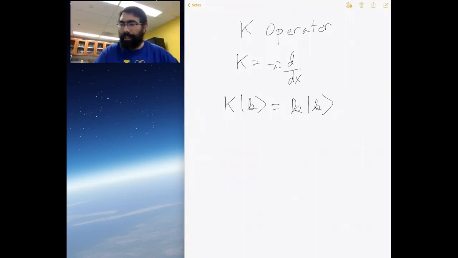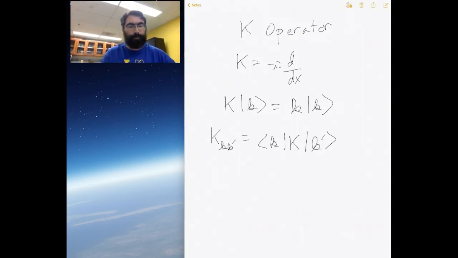And we could look at a matrix element. So <K|K|K'>, where we're looking at the product of a K bra, the capital K operator, operating on a K prime vector space.